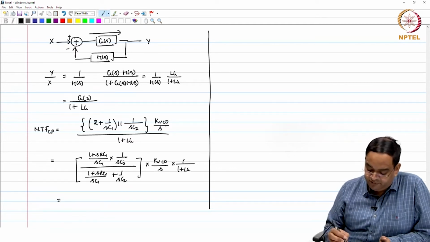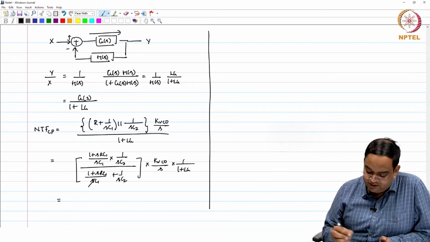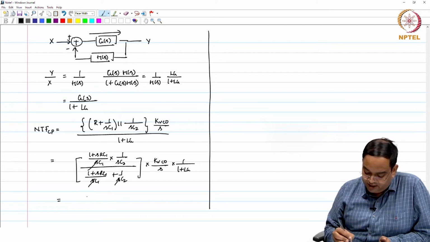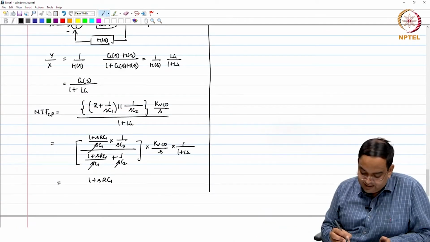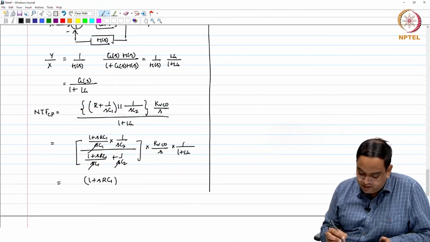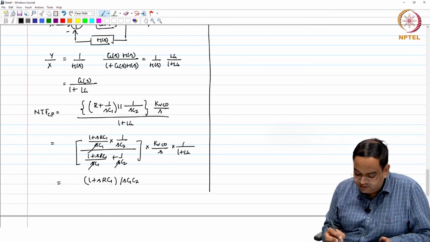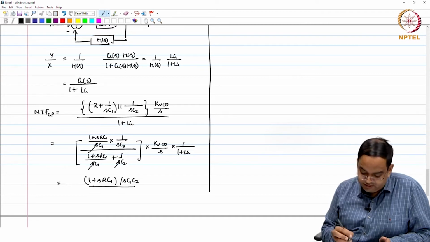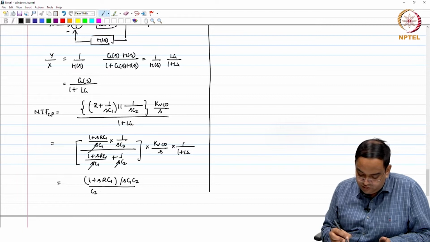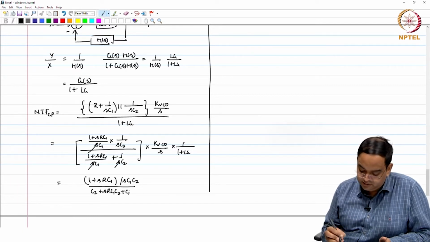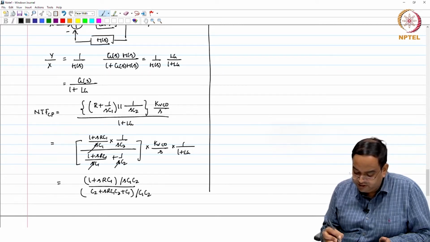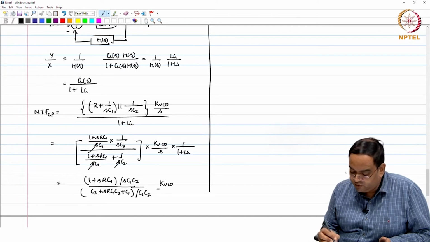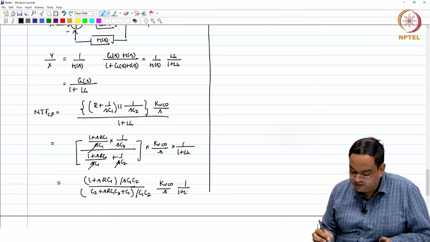Now, this particular factor you have seen it before, I will just cancel S here. So, what you get here is 1 plus SR C1 from here divided by S C1 C2, and this is going to be C2 plus SR C1 C2 plus C1, okay, whole divided by C1 C2 times KVCO over S into 1 by 1 plus loop gain.